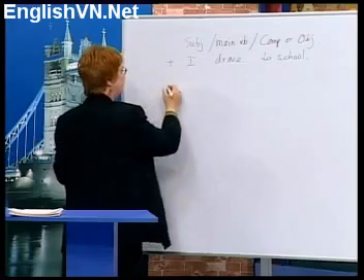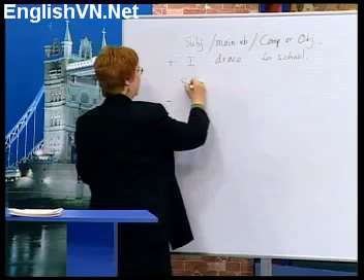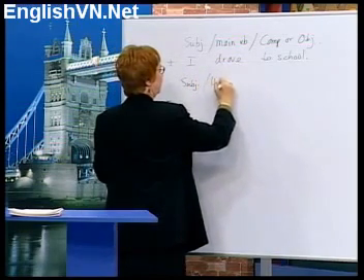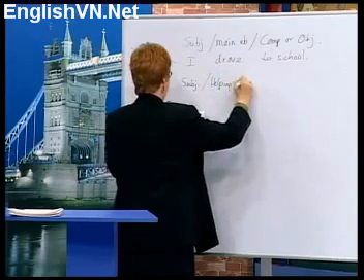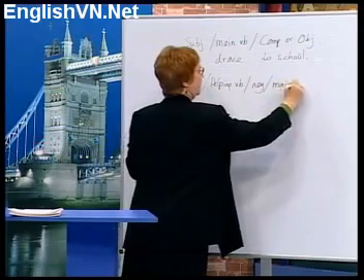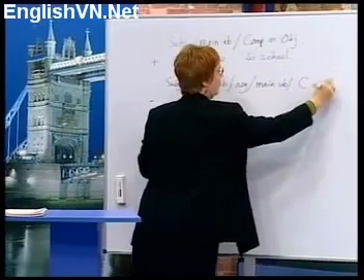Now, with a negative sentence, we do it like this. Subject, helping verb, negative, main verb, and complement or object.